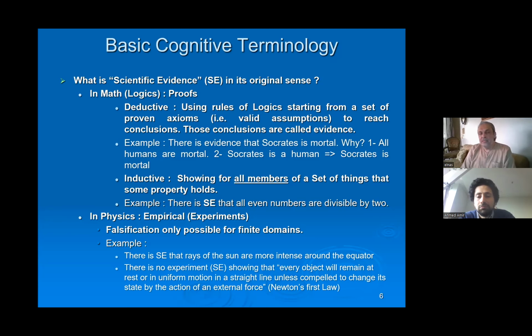What there is, and this is a very important question even in the discussion of falsification and demarcation, is that while there is no scientific evidence showing that every object will remain at rest, there is actually negative evidence, meaning that in any experiment where an object has changed its direction, there was a force.